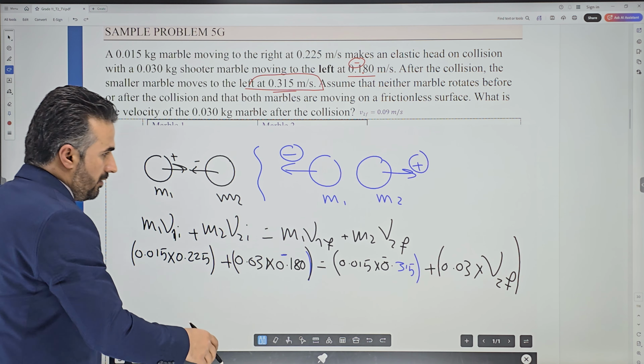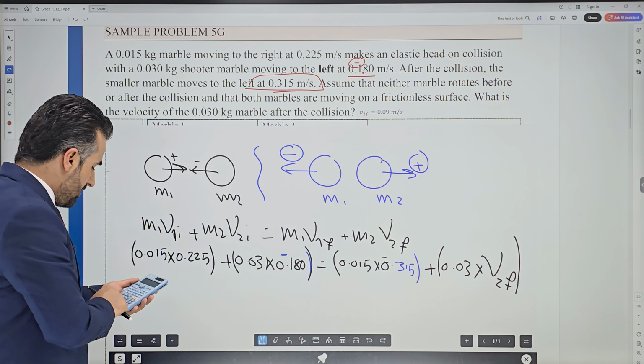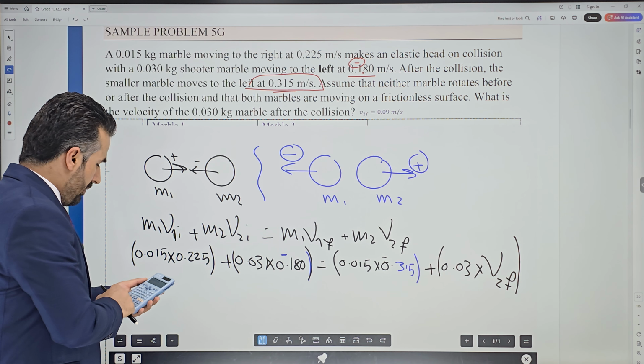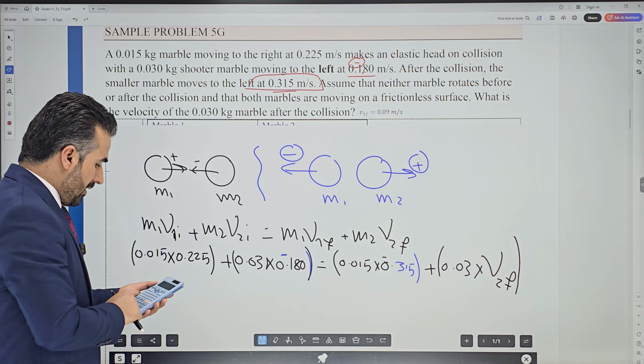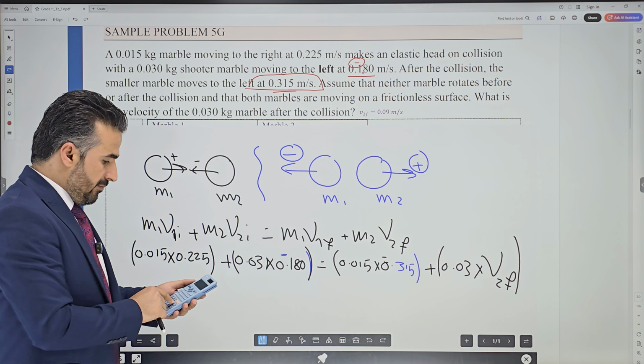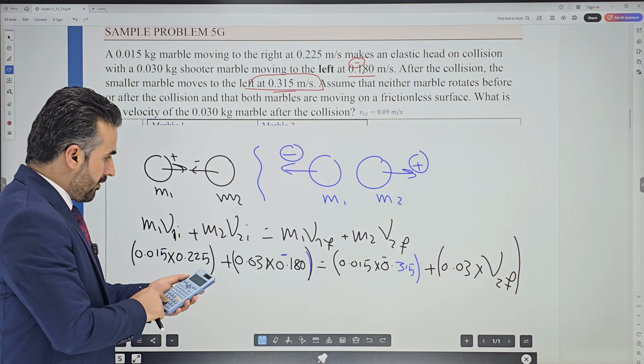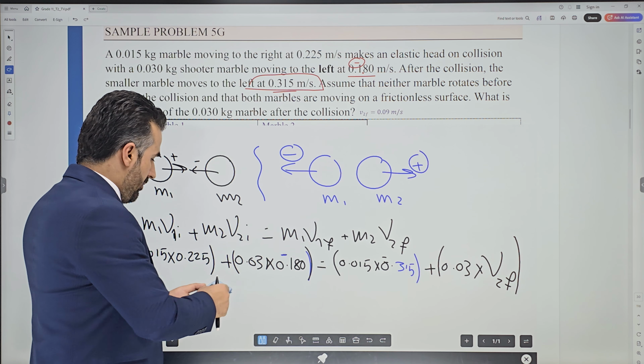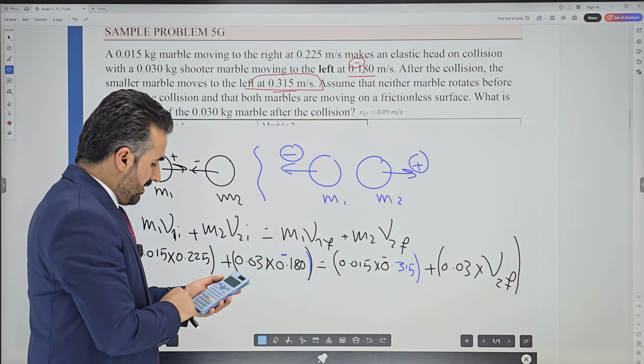So let's do that all at once. 0.015 times 0.225, press equal, and then minus open bracket 0.03 times 0.180, close bracket, because we said minus, so I don't have to write it again.